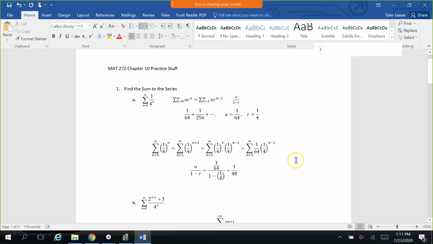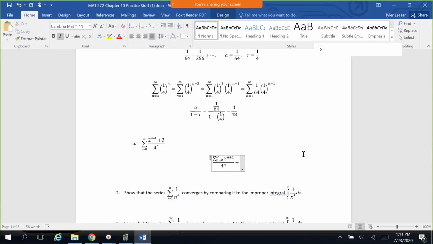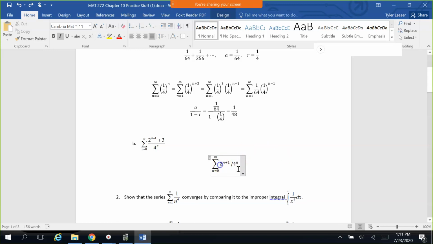Oops, sorry, wrong button. 2 to the n plus 1 divided by 4 to the n. Plus, oh crap, that's not how that's supposed to look either. Well, I'm just going to have to rewrite it.